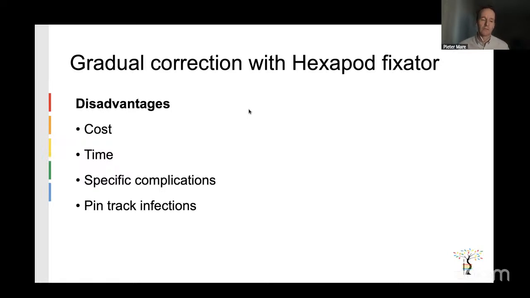So they sometimes have to stay as inpatients during the correction phase. It's a cost to them to come in frequently for follow-up visits while the frame is on. And if you do have to calculate adjustment programs, it also can become quite onerous on your time. There are specific complications associated with these circular frames, specifically pin track infections.